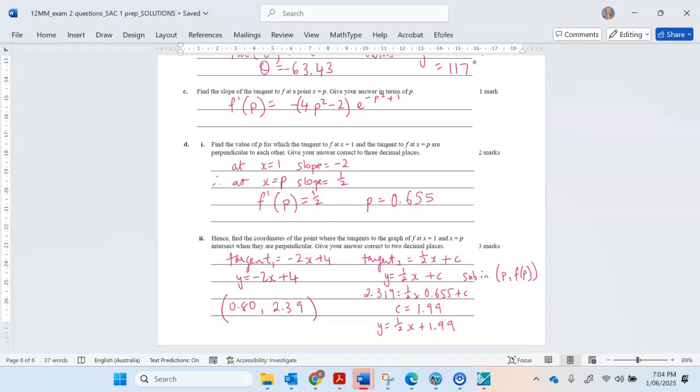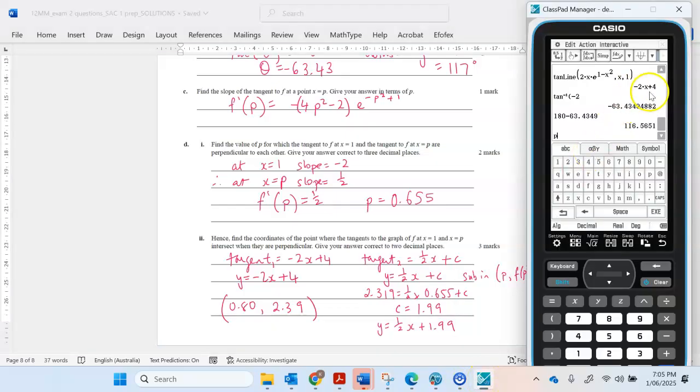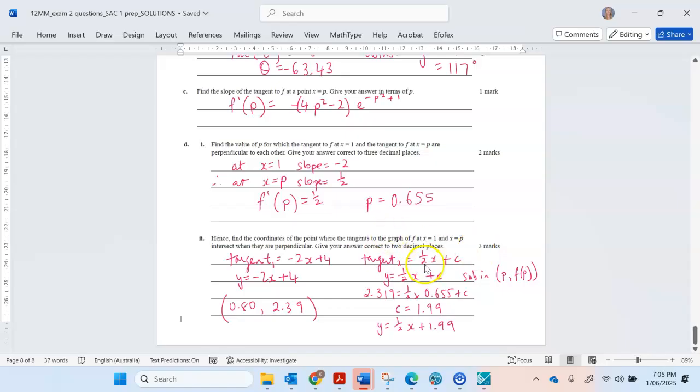I remember this one took me a while to think about. I started by thinking, tangent lines are straight lines, so let's think about what I know. My first tangent I knew was -2x plus 4, which I found on the calculator up here. So I wrote that down, and then I thought, what about my second tangent? I know it has a gradient of 1/2, so I wrote y equals 1/2x plus c, and I need to work out what c is.